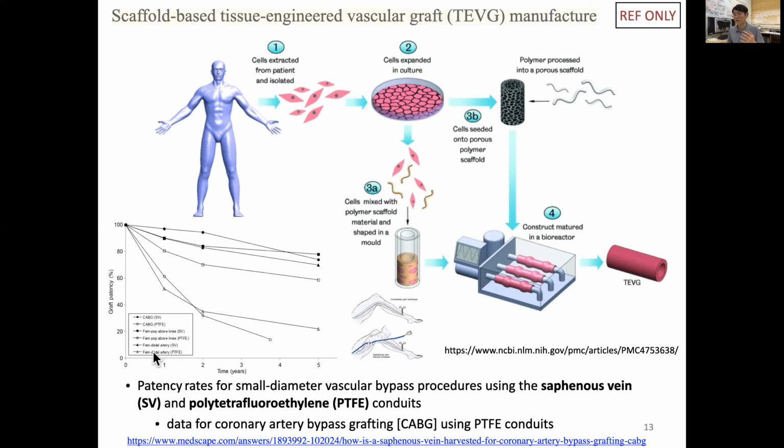For the femoral distal artery, the triangles are still lower. So we can see the patency rate for small diameter vascular bypass procedures. It is probably still better to use the saphenous vein instead of PTFE or tissue-engineered conduits.